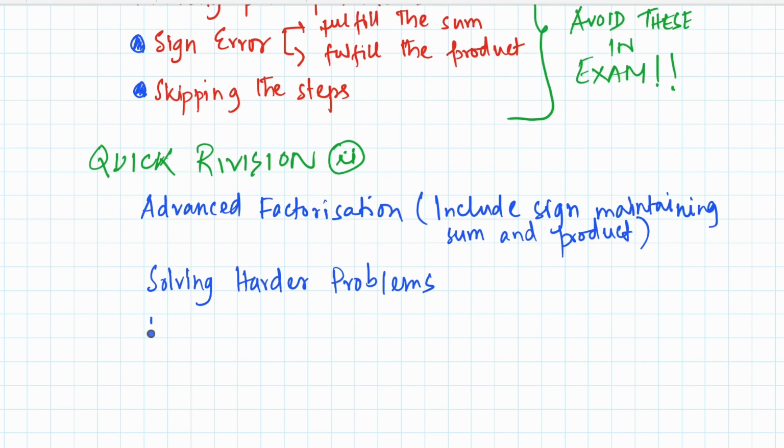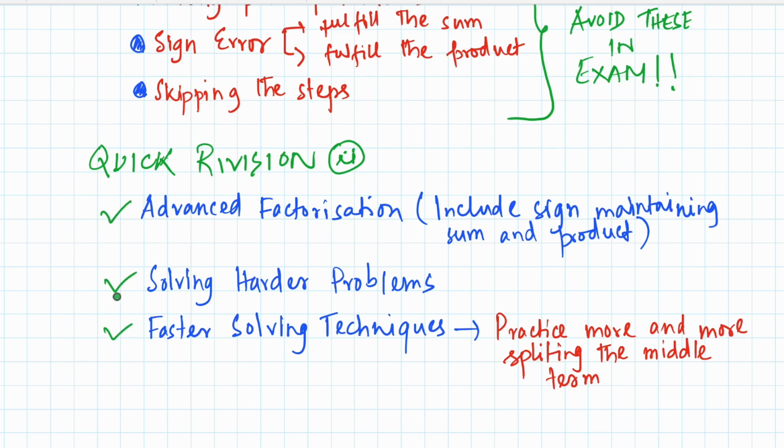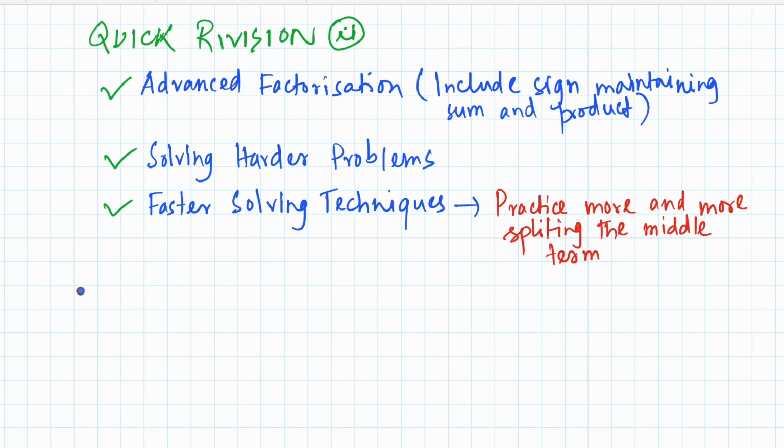We have taken all the examples, and there are faster solving techniques that we have shown. Practice more and more in order to get accustomed to splitting the middle term, which will satisfy the sum as well as the product. Then only can you factorize easily, and finally you can solve for the variable x for the given equation.